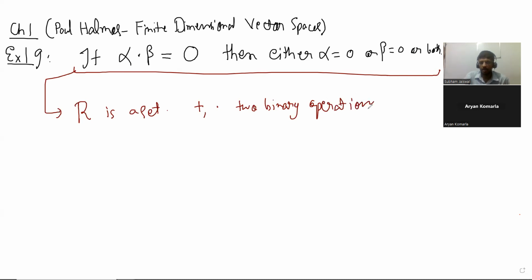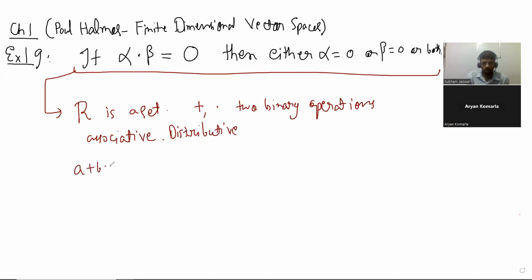Two binary operations, associative. Let me not put commutative, not needed. And obviously distributive, they distribute over each other.